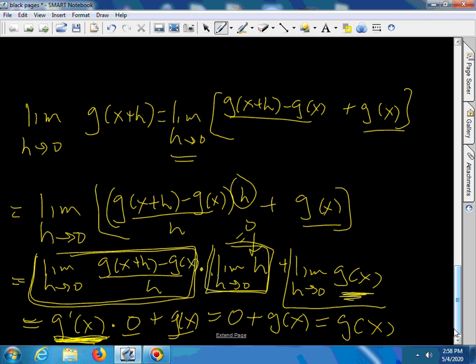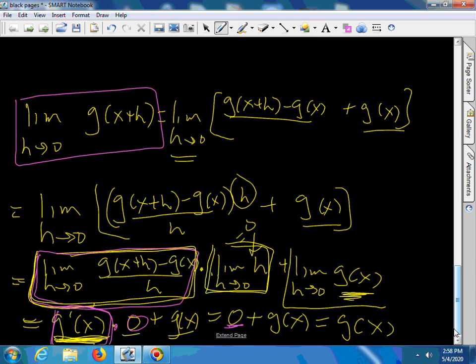So since this is well defined, and I multiply it by 0, I really do get 0. So in the end, what we just showed is that as long as g is differentiable, that limit is g of x.